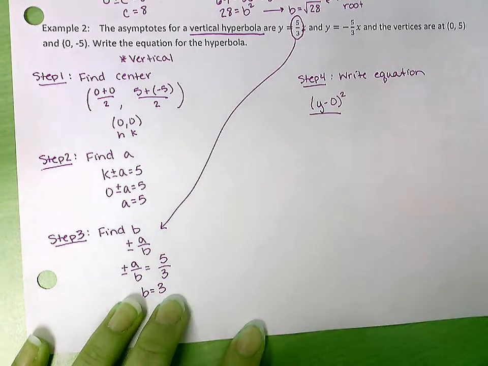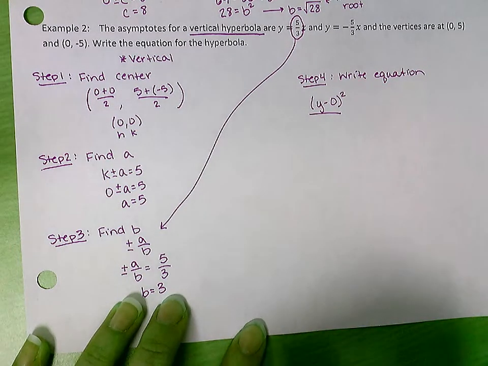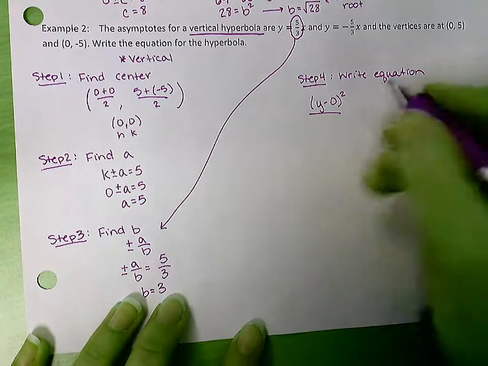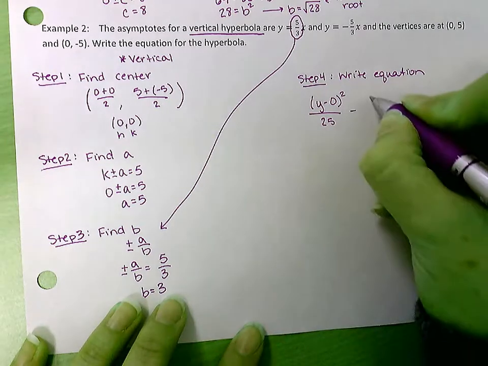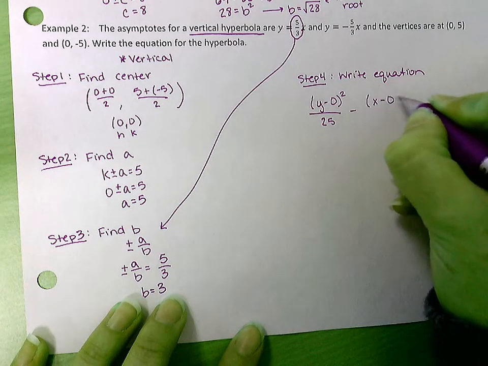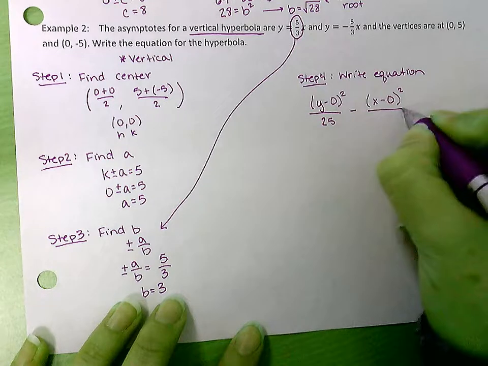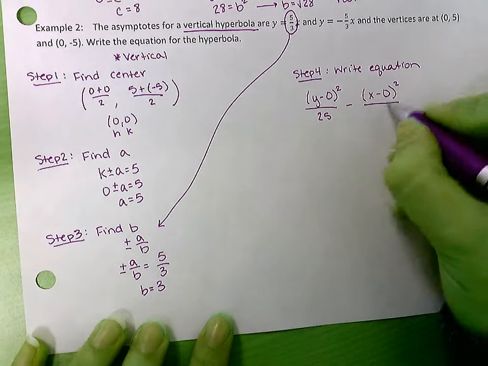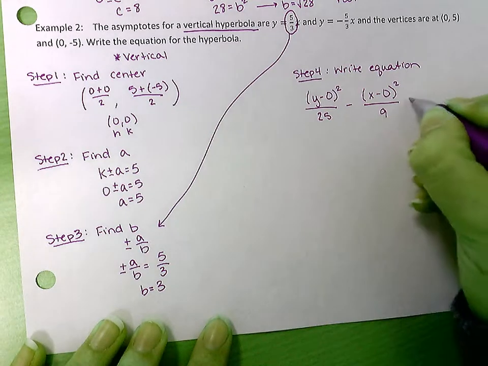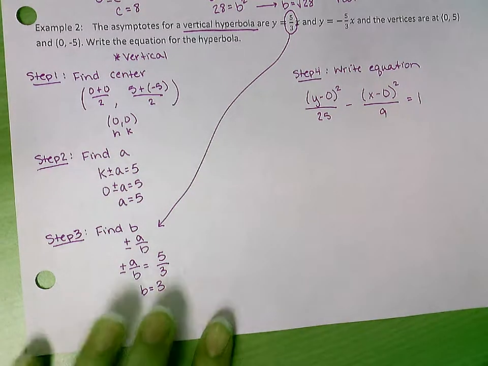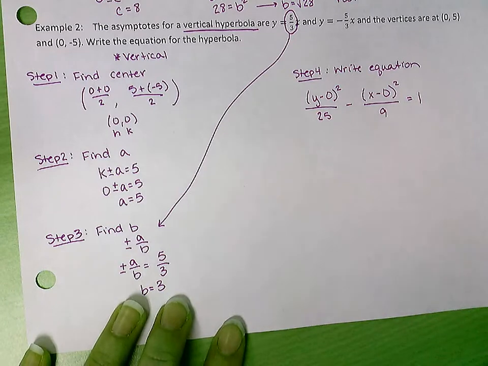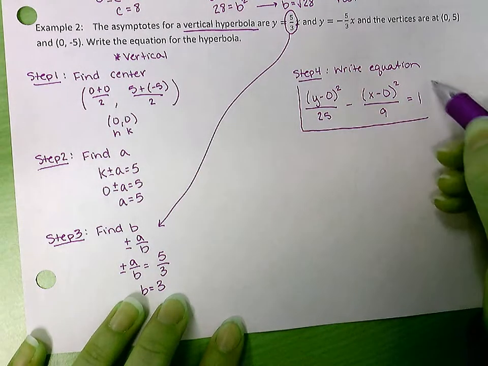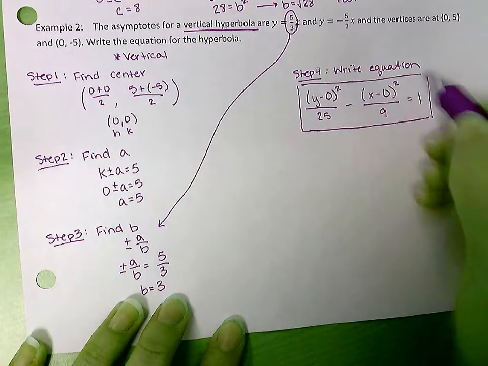That's squared over our a value squared. So we have 5 squared is 25, minus x minus h. h was 0. That is squared over our b squared value. So 3 squared is 9. And that should equal 1. And if you want, you can just leave it like this, or you can do what we did above and get rid of that 0 piece.